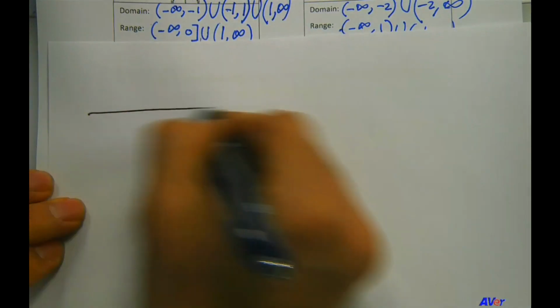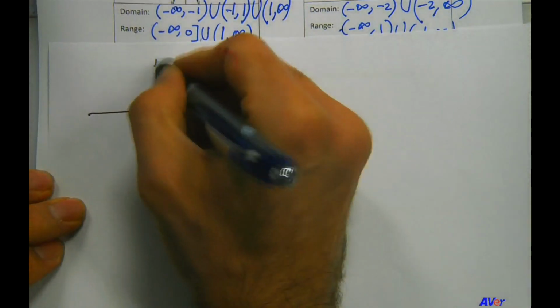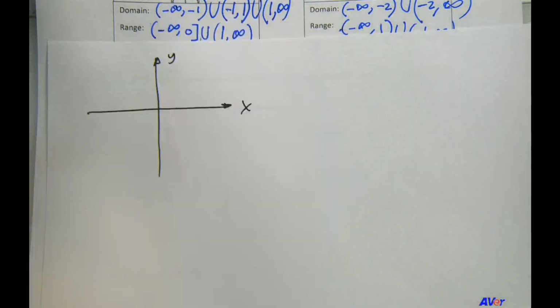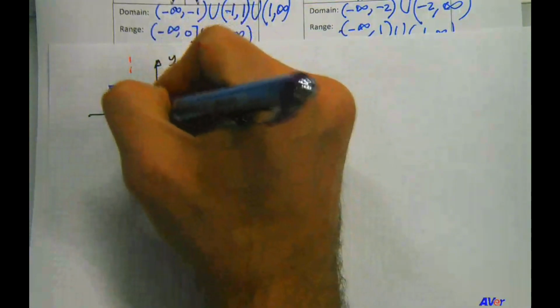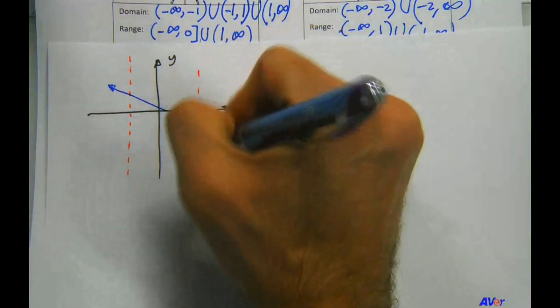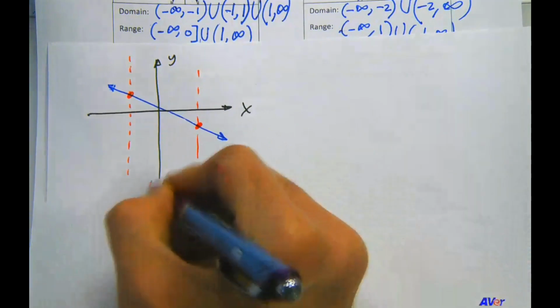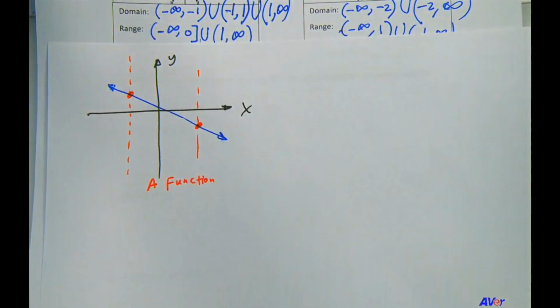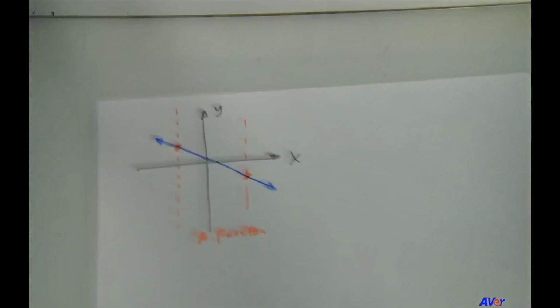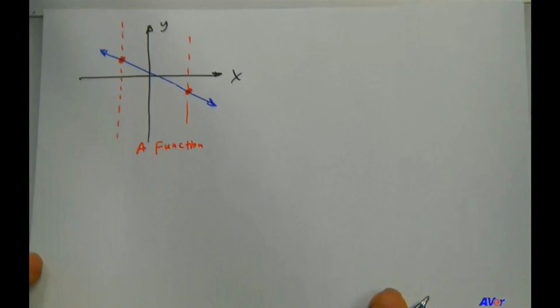So suppose we draw a graph like that, and we ask, is this a function or not? Well, graphically, you can run a test. You drop a vertical line, and it'll intersect the graph at only one point, anywhere. So this is a function. Okay, let me move that away for now. What about this?